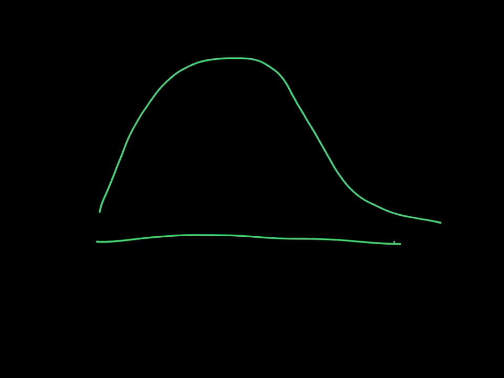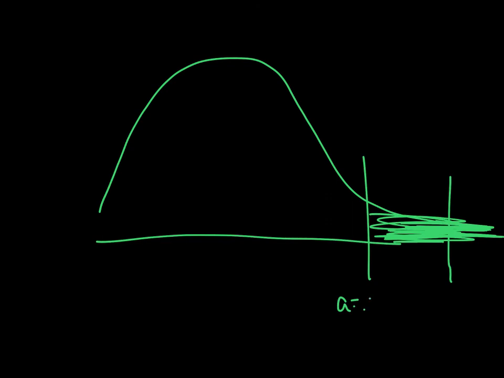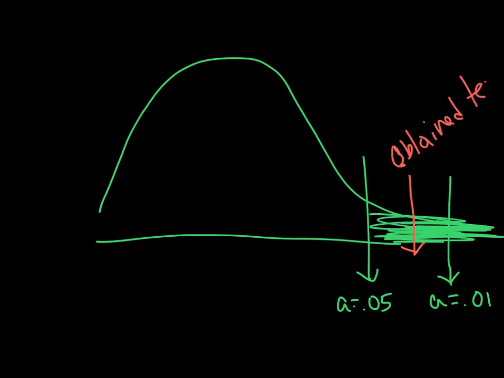Type 1 error. I'm going to do this here. So right here is alpha 0.05 and this is alpha 0.01, okay? But if we have a critical value that falls right here, so that's our test statistic. So I'm going to put our obtained test statistic.